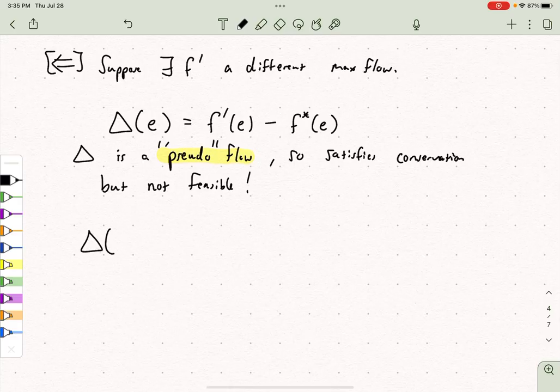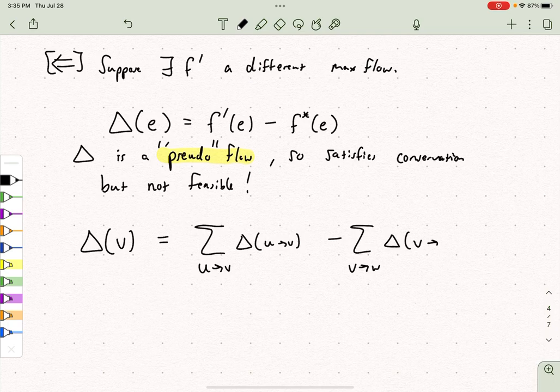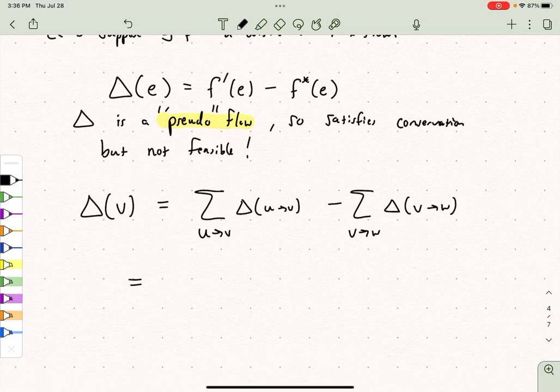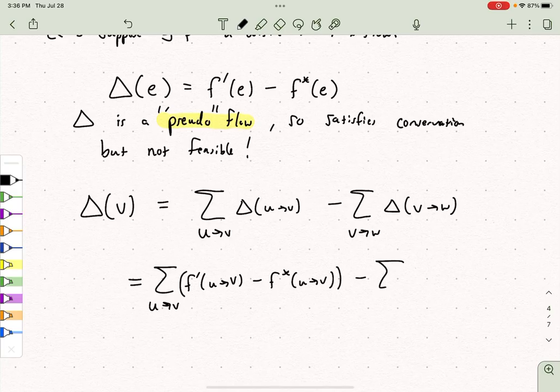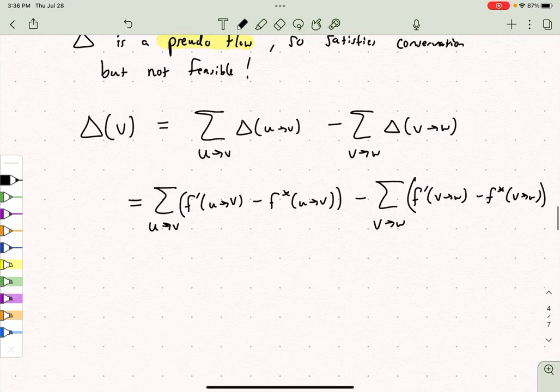If we took delta of V, the net pseudoflow leaving V, this is the sum of all U to V of delta U to V minus the sum of all V to W of delta V to W. Applying the definition, this is f prime of U to V minus f star of U to V, minus all of these edges leaving V of f prime V to W and f star V to W. Now we can just rearrange the terms.